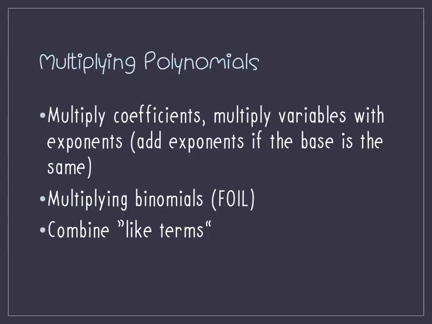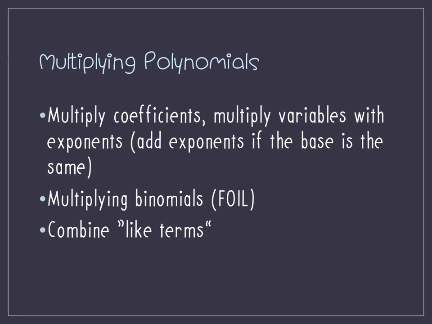Okay, next, when you multiply polynomials, you're going to multiply the coefficients, and when you have variables that have exponents, you're going to add the exponents if that variable base is the same.